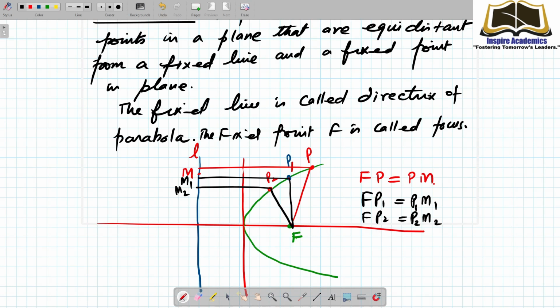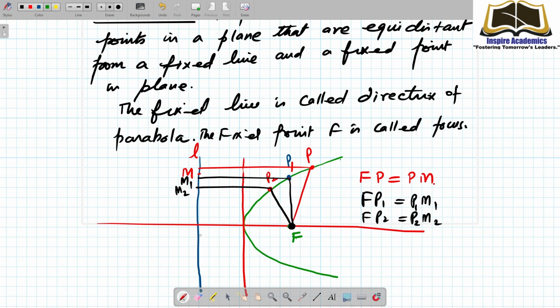So by definition it is clear that the curve, this is parabola, is a curve which is a set of all points whose distance of a particular point on the curve from the focal point F is equal to the perpendicular distance from this point P to the directrix, which is a fixed line.